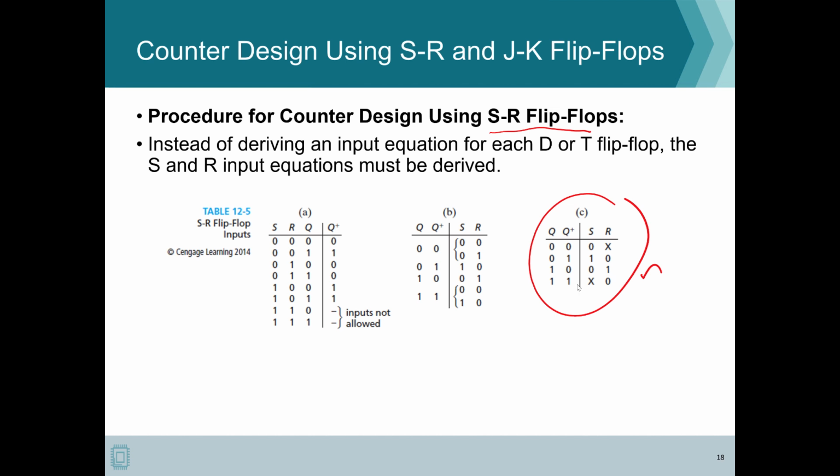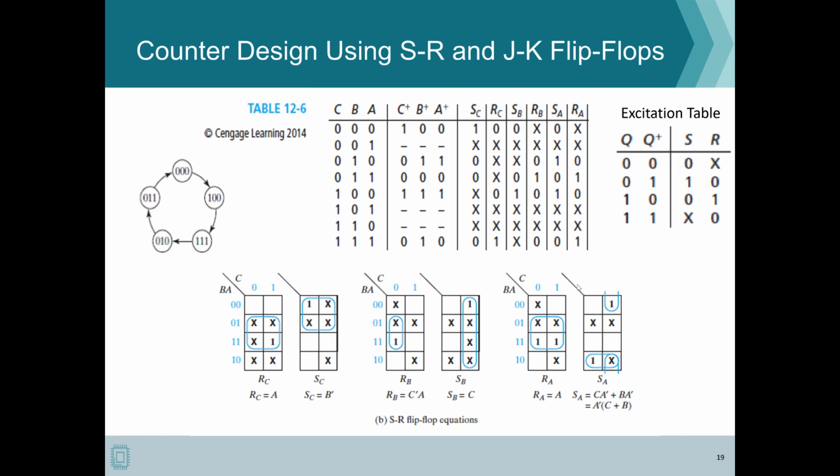So this is our excitation table. Here you can see this is our state transition diagram. We have our current state and the next state, and now you can see that we are going to use the excitation table here. So when we have C and C plus as 0 1, you can see that we need S of C, from here, to be a 1, and R of C is going to be a 0.